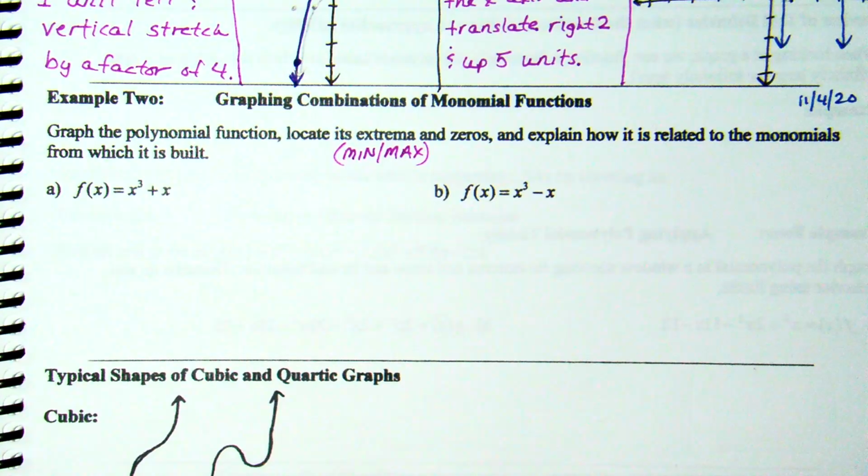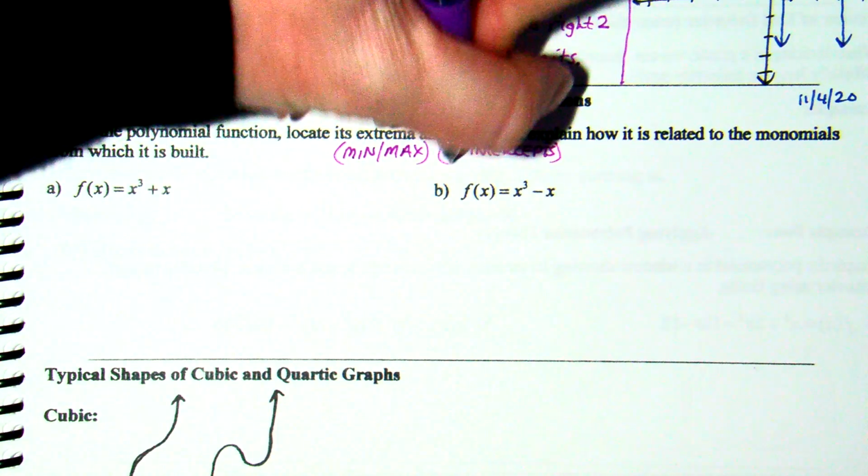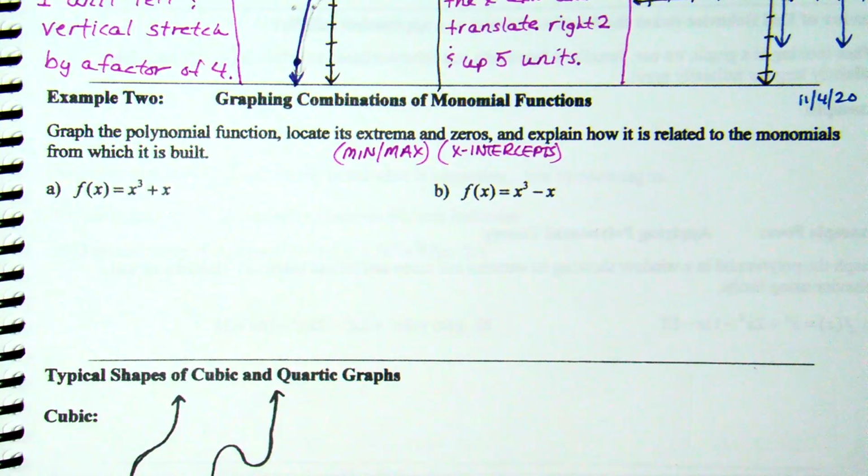Okay, what about zeros? Yep, zeros are x-intercepts. So just a little bit of vocabulary review there. Okay, and then explain how it's related to the monomials from which it's built. So as we look at part A, the monomials it's built from are x cubed and x. So we're going to look at how it's related to that.